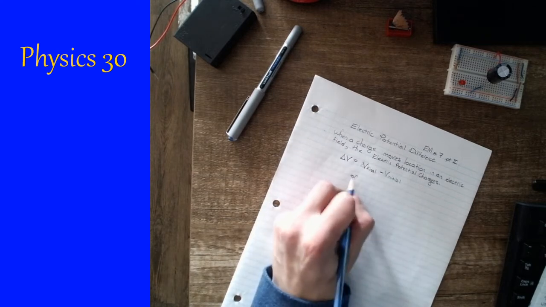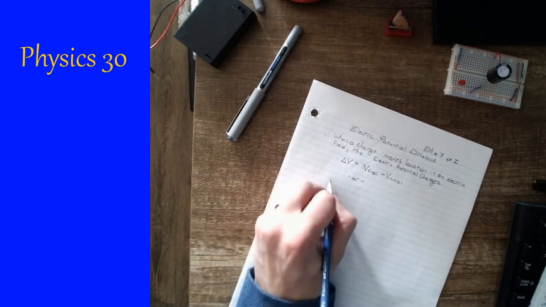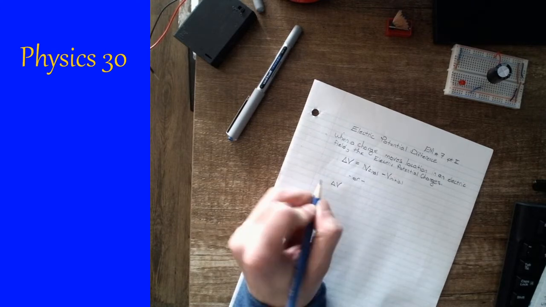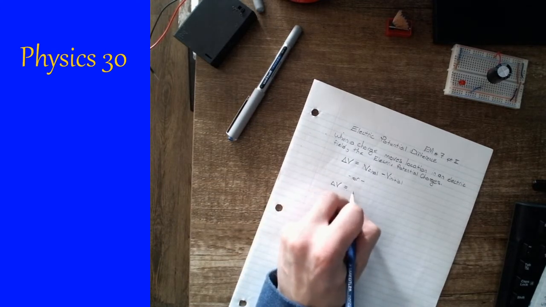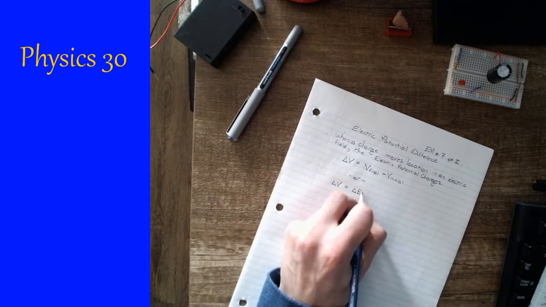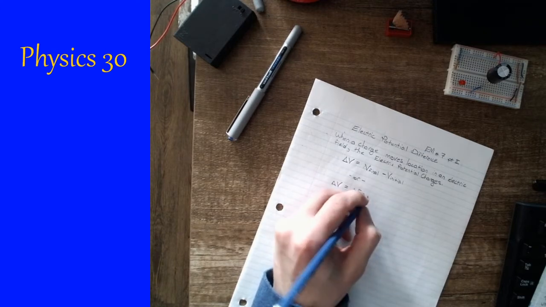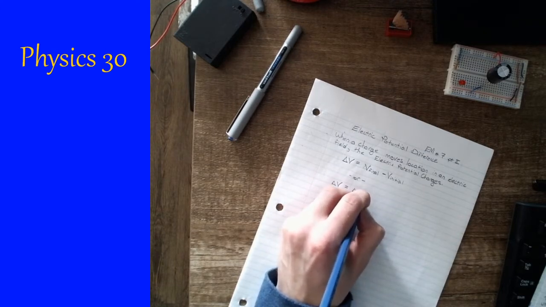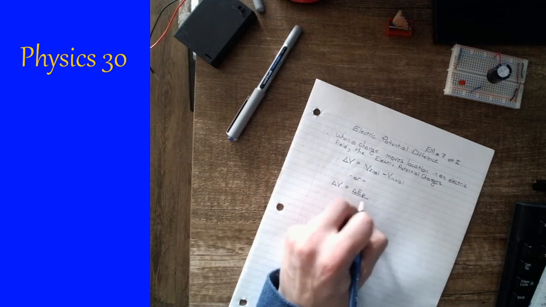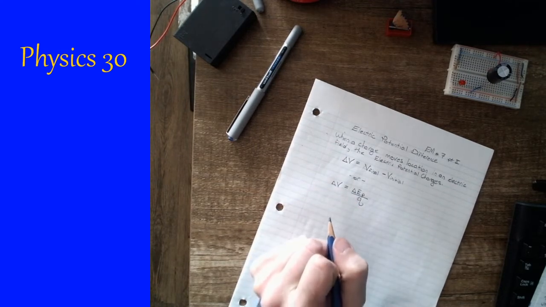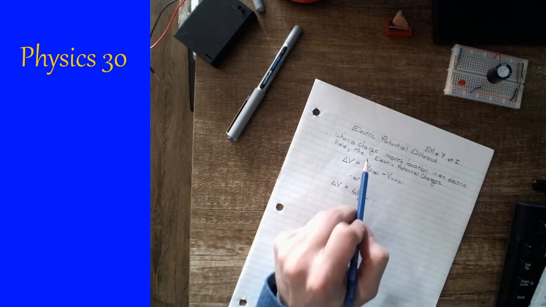The other way to look at this is that the change in electric potential is going to be the change in electric potential energy divided by the charge that moved in the first place.